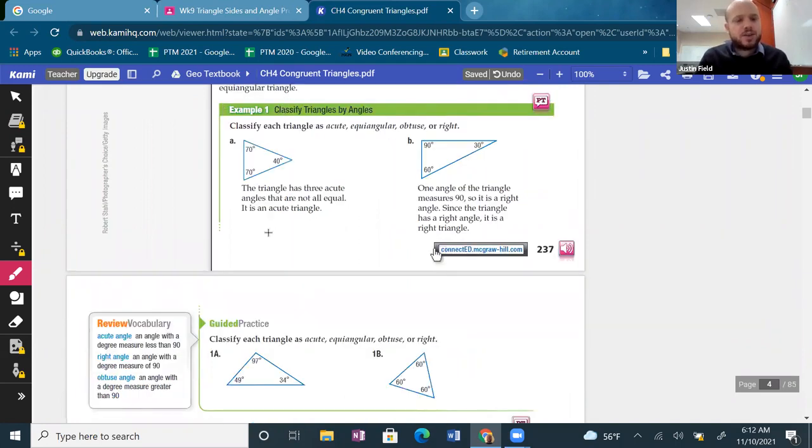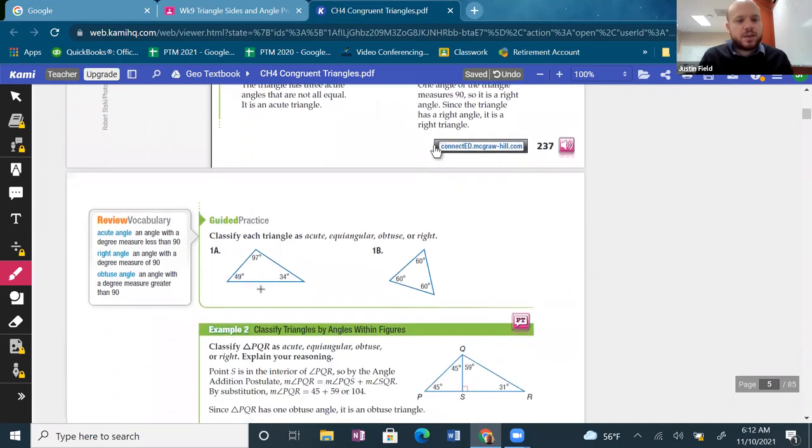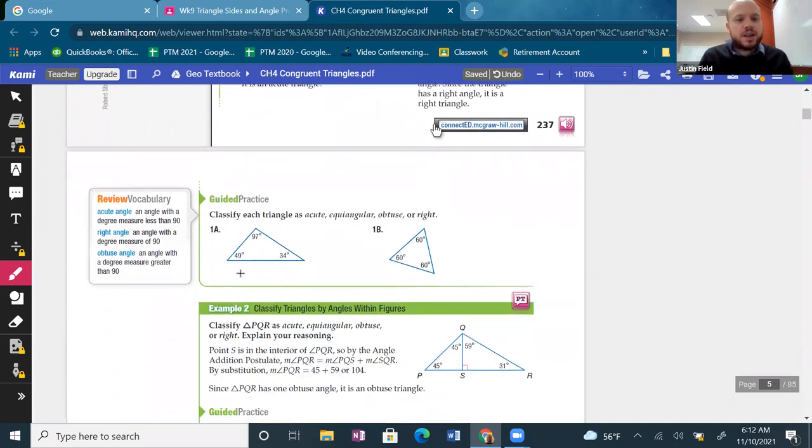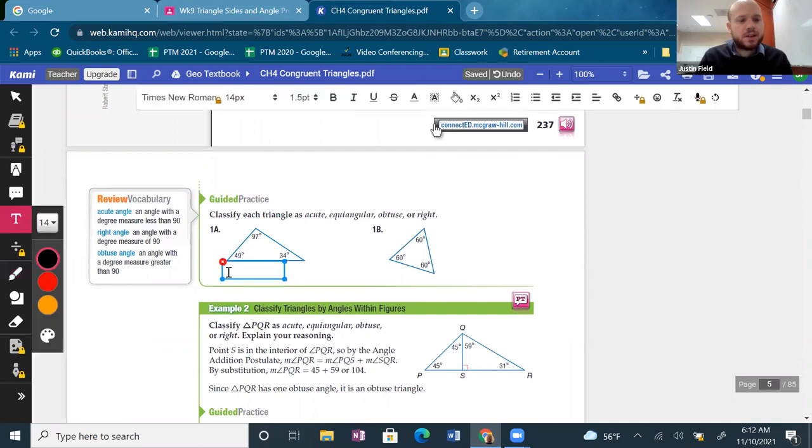So classify the triangles. Let me classify this triangle here. This triangle right here, they want to know what this one is. I'll tell you. This is an obtuse triangle. Do you know why it's an obtuse triangle? Because of the 97-degree obtuse angle, of course.